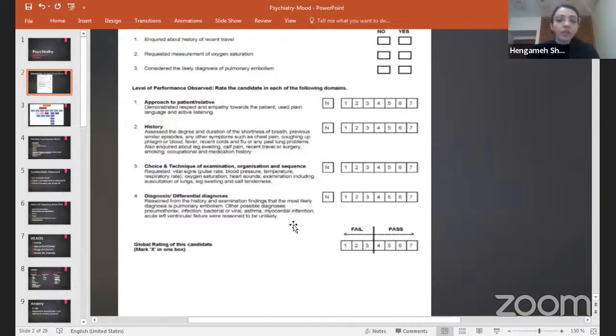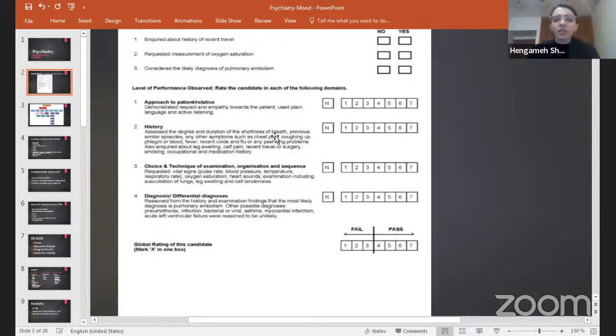So again, we never know how it's assessed. We just know that for each domain we're assessed between 1 to 7, and we'll get a global score of 1 to 7. A global score of 3 or less means we failed, and a global score of 4 and more, 4 to 7, means that we've passed.